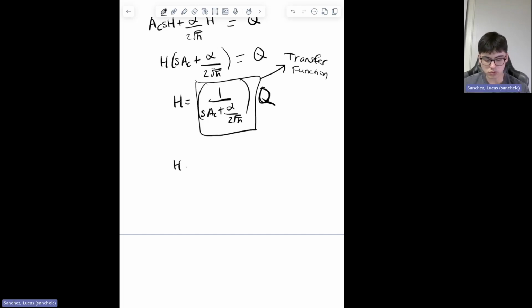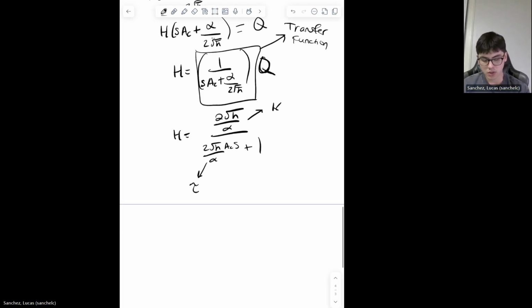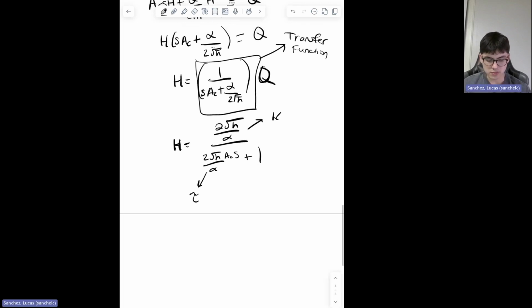So h will be equal to 2 square root of h bar over alpha, over 2 square root of h bar over alpha times A_C s plus 1. So here will be our k value, and here is our tau value, and that's multiplied by some value of q.